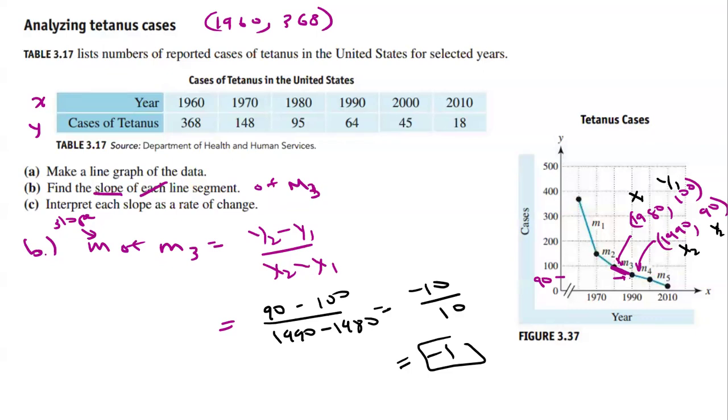All right, so part C is asking us to interpret each slope as a rate of change. The rate is going to change for each slope, because slope number 1 is going to be steeper, so its rate is much more drastic versus slope number 5 or slope number 4.